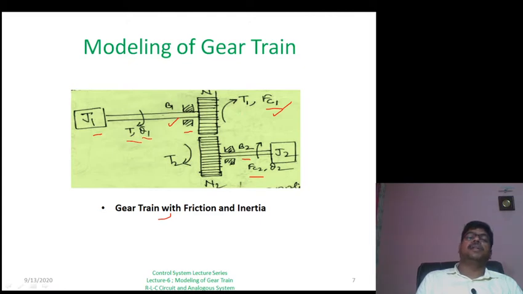This T1 is translated to T2, and T2 will be equal to the viscous friction torque, Coulomb friction torque, and finally inertia torque.